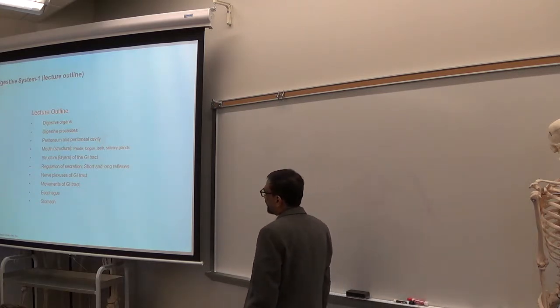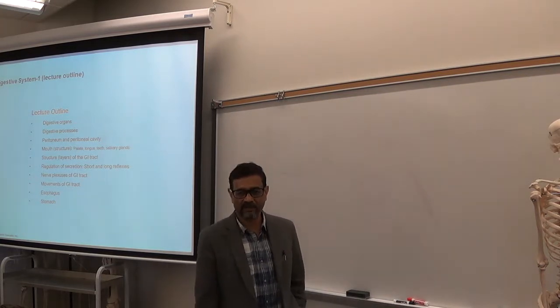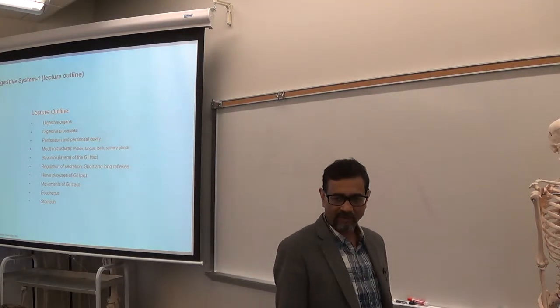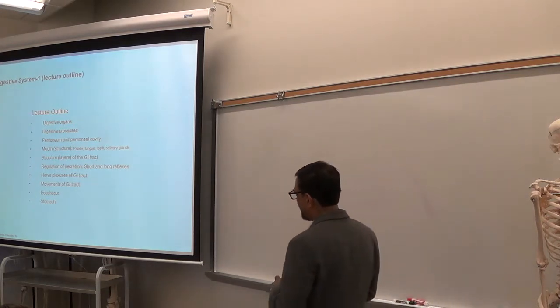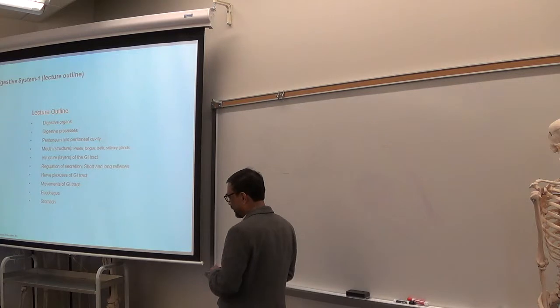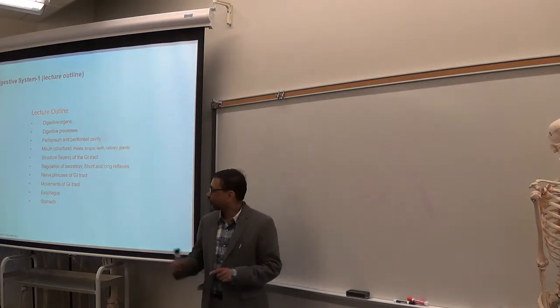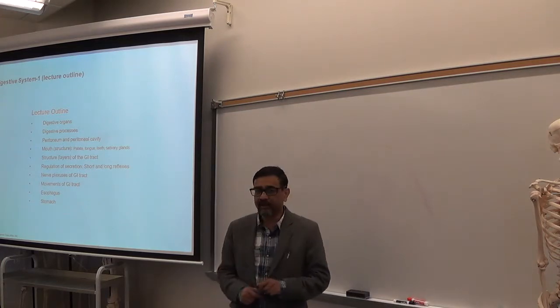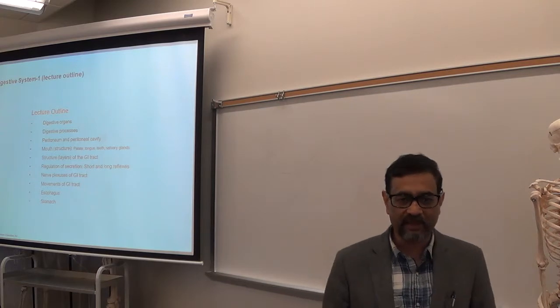Then we'll talk about the first organ of the digestive system, which is the mouth or oral cavity. We'll see the structure of the mouth, and then we'll talk about the structure of the gastrointestinal tract or GI tract.